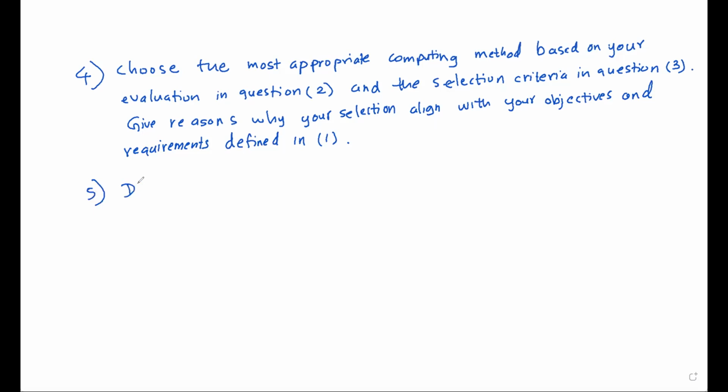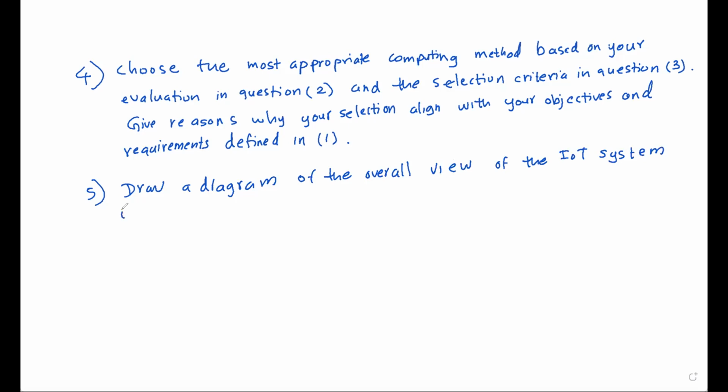Finally, you need to draw a diagram of the overall view of the IoT system with all relevant components, and you need to label each of the components clearly.